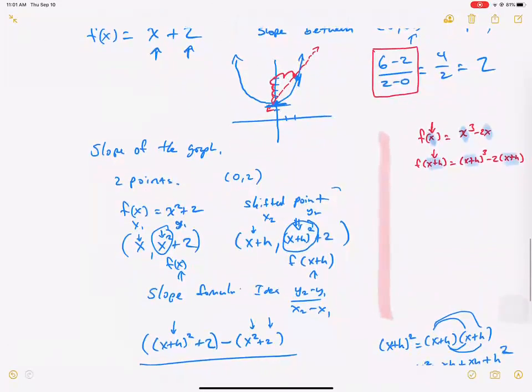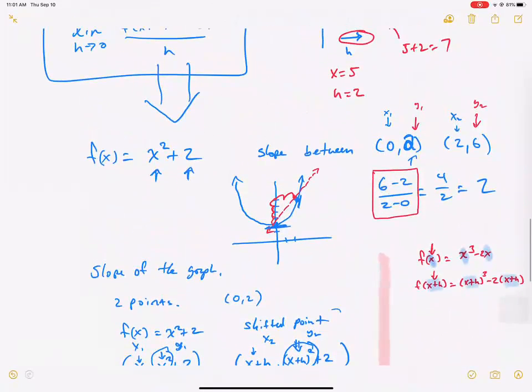Okay. So remember, we tried the point 0, 2, and 2, 6, and that gave us a slope of 2. You guys agree? So this is my first point, this is my second point. We call them out separately.